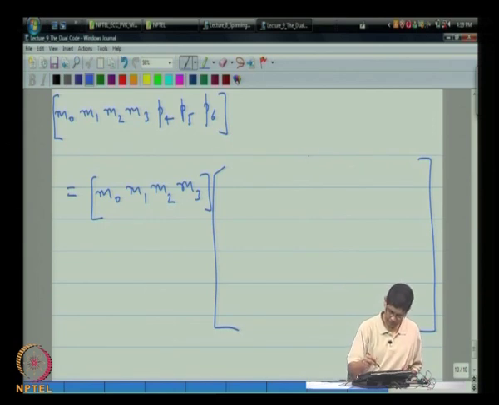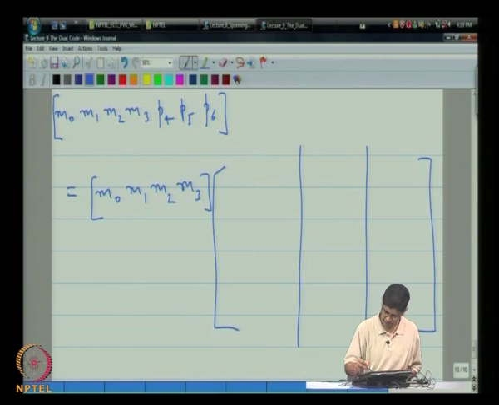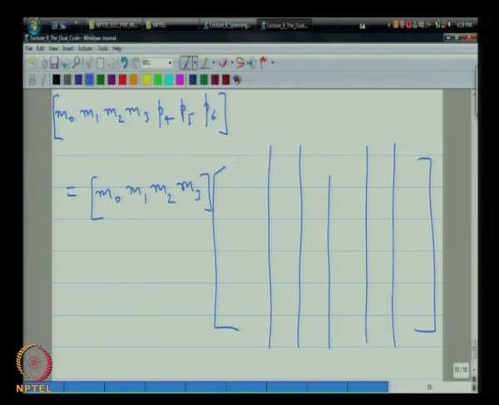And let me draw some lines to help keep me organized here. So, this is 3, and so this is 0, 1, 2, 3, 4, 5 and 6.